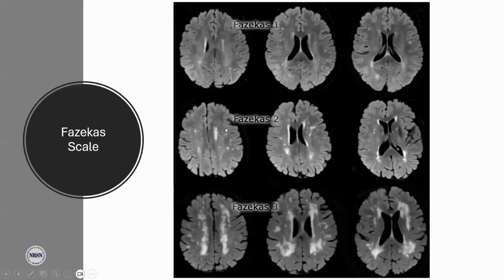Fazekas 2 just tells you that there's an attempt at bridging, or coalescing, of these hyperintense lesions, periventricular and deep white matter. So you can appreciate these coalescing hyperintensities. And you can also notice caps of periventricular FLAIR hyperintensities, which are also in keeping with chronic small vessel disease. Now, Fazekas 3 just shows you large confluent lesions that are seen bilaterally.